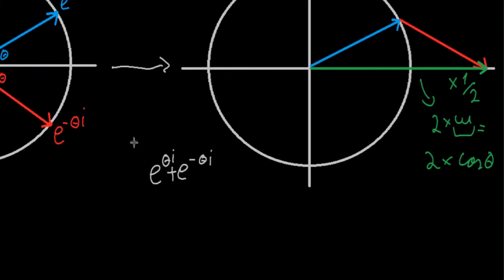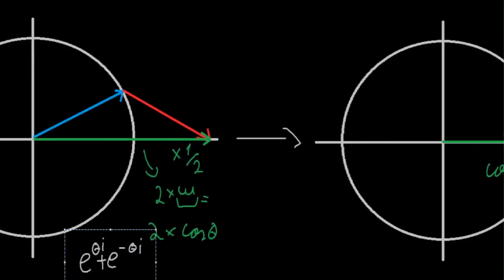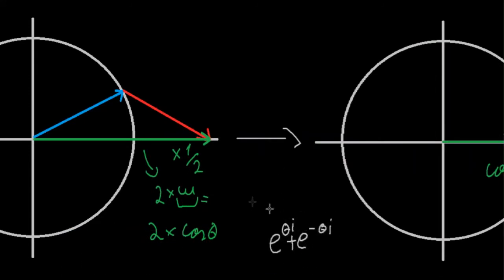And then what we ended up with was twice the original number's width. And so, because we want the original width, since that's the cosine function of whatever angle we chose, we divided by a factor of 2.